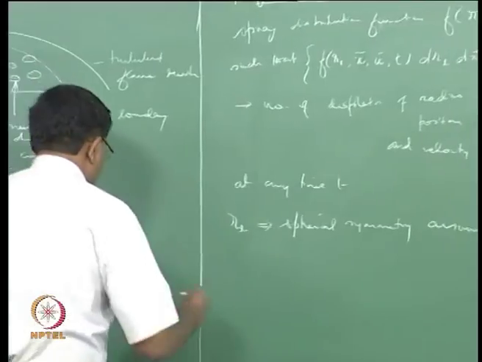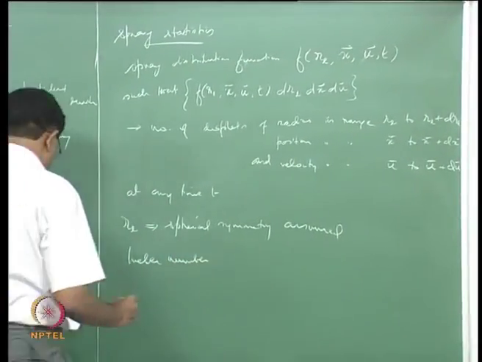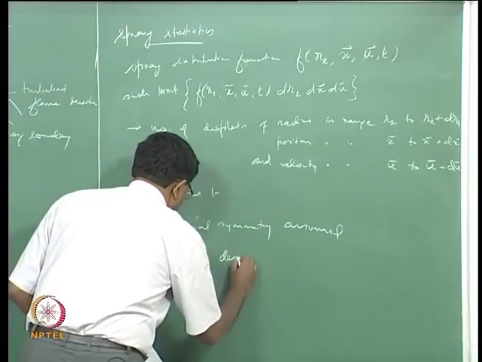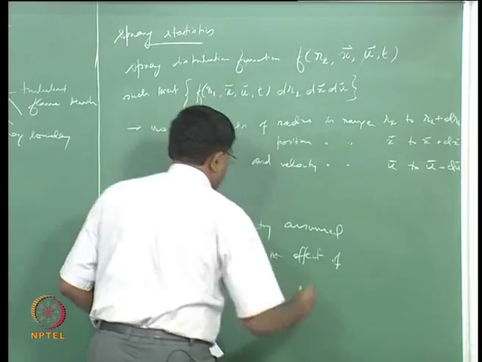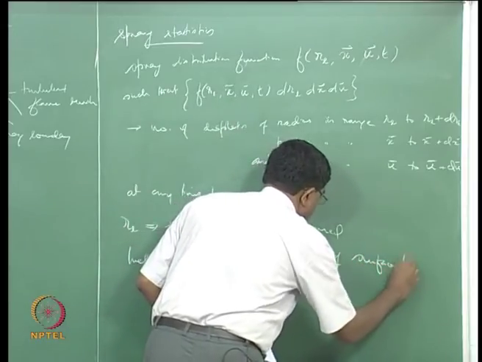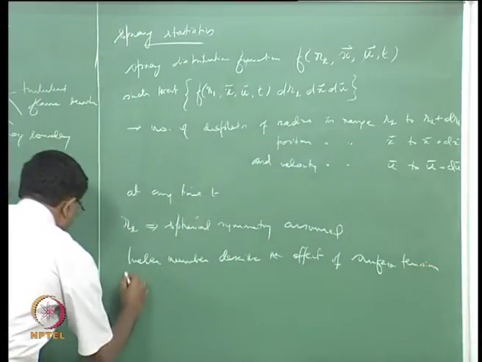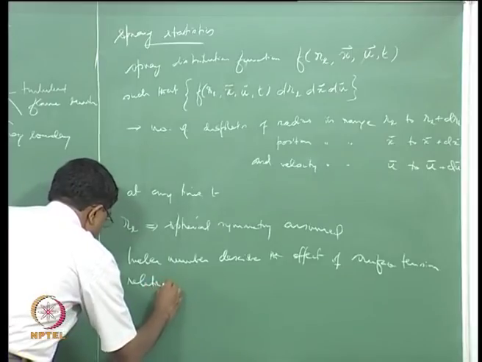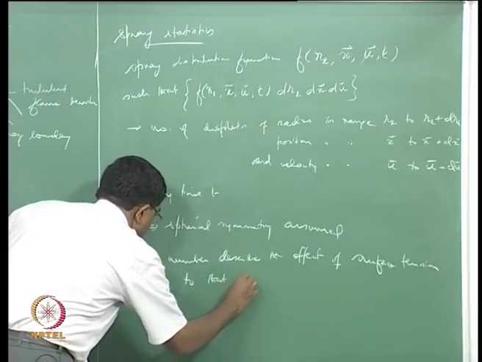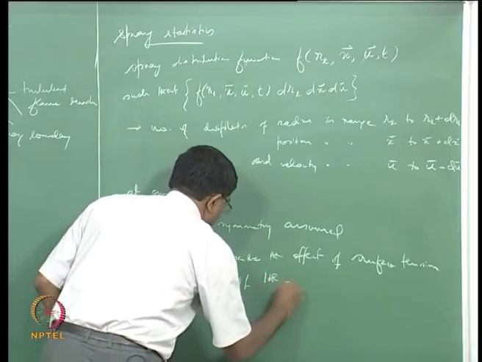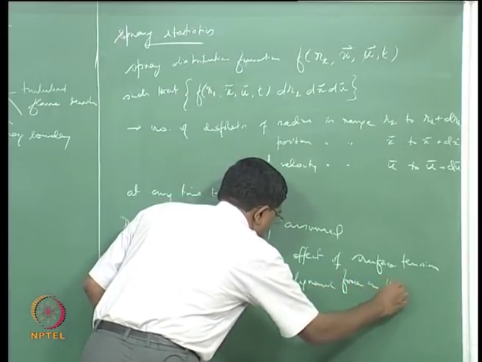the Weber number describes the effect of surface tension relative to that of the dynamic force on the droplet.